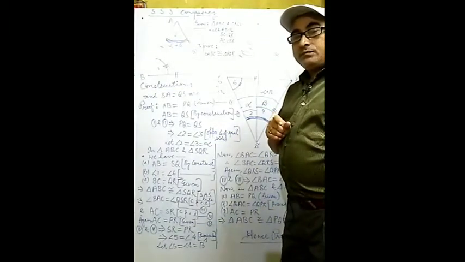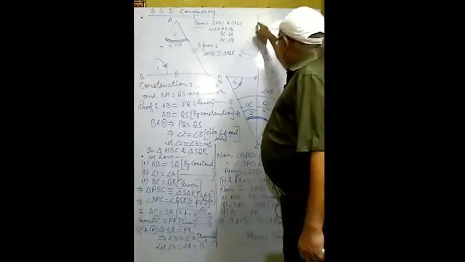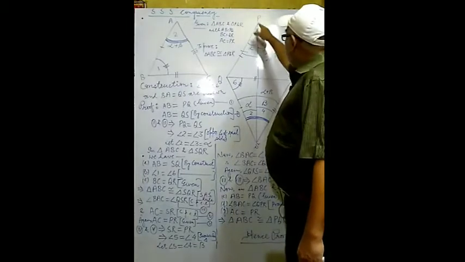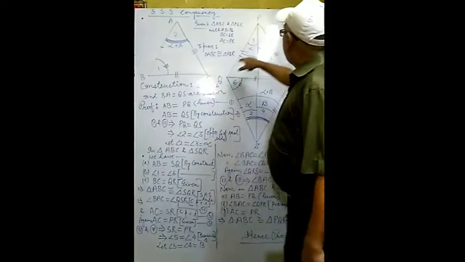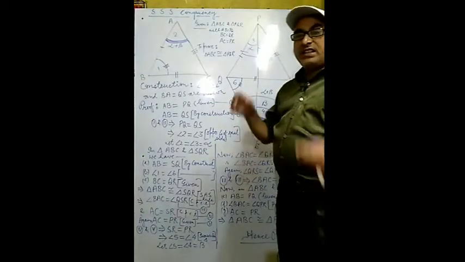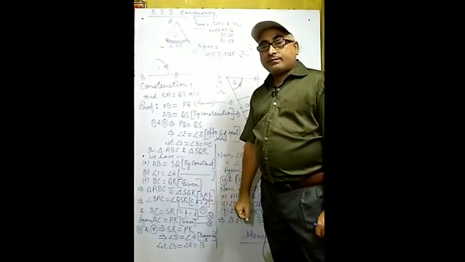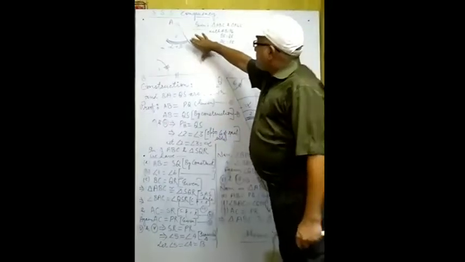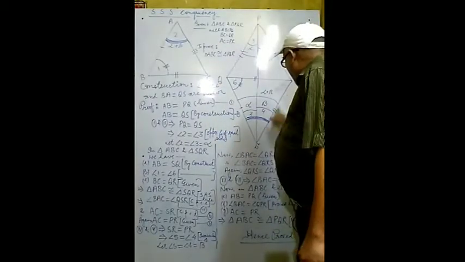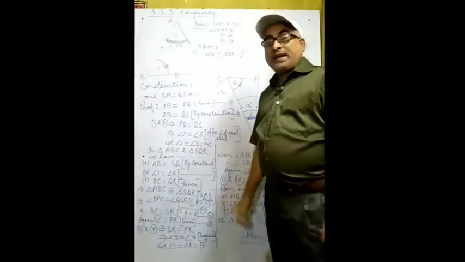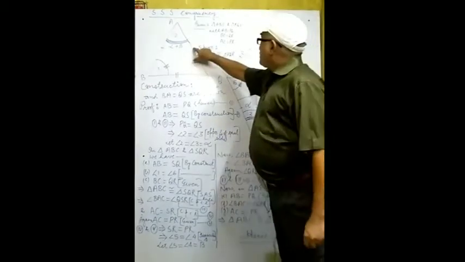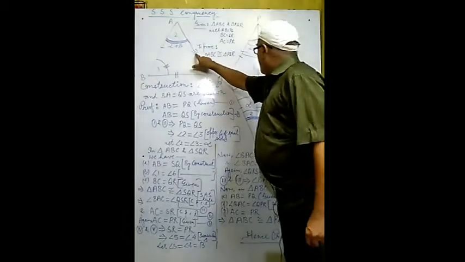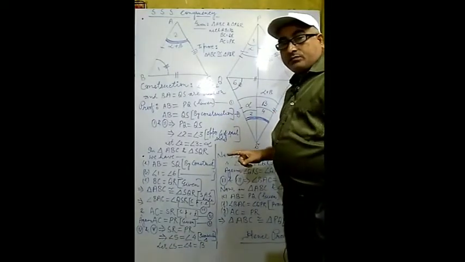Now mark here. Take this triangle, this second half. This AC is equal to PR. This one condition is already given. Again, this AC is equal to RS. We have just proved it by CPCT. So this one equals this one, and the same thing equals the same thing.